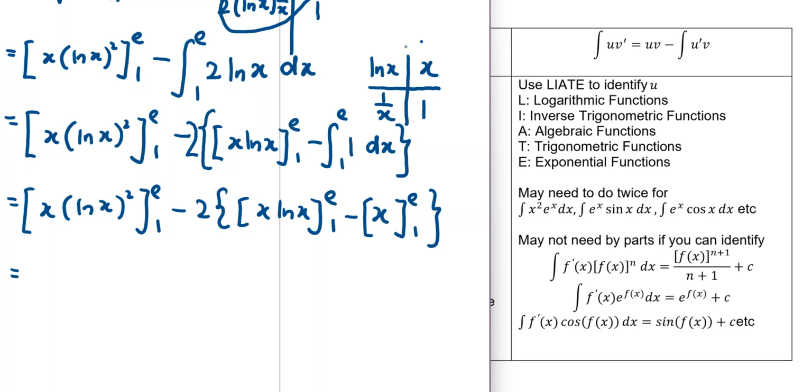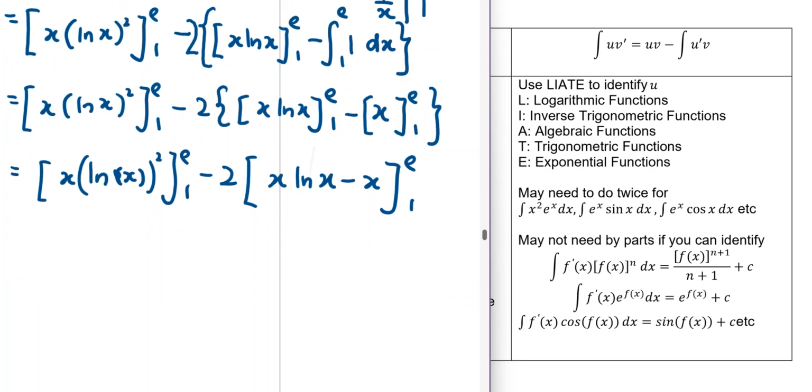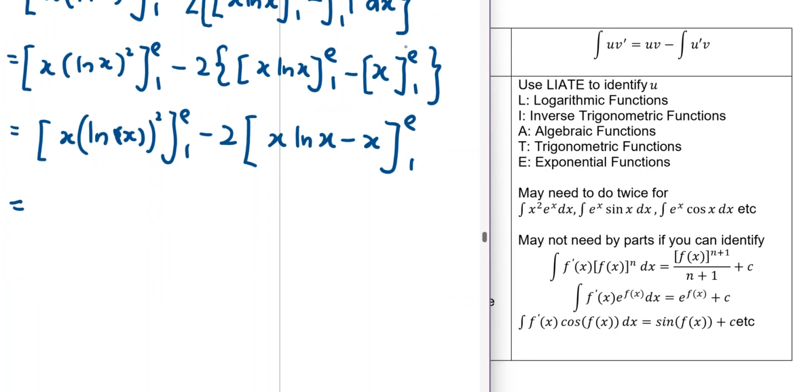Okay, then I can combine everything together. x (ln x) squared, this is very dangerous, it should be this way, from 1 to e, minus 2 times x ln x minus x from 1 to e down here. And then now I can put it in nicely.